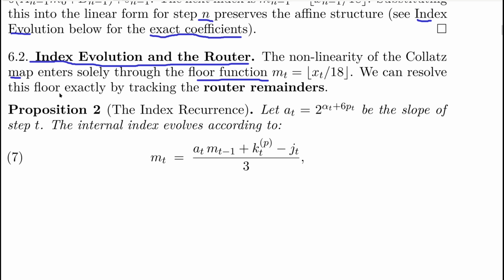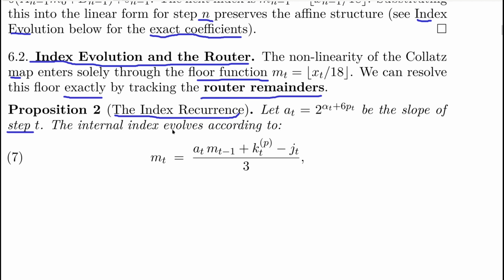We can resolve this floor exactly by tracking the router remainders. So proposition 2, the index recurrence. So this is what was referred to earlier. Let at be equal to 2 raised to alpha t plus 6 pt, the slope of step t.